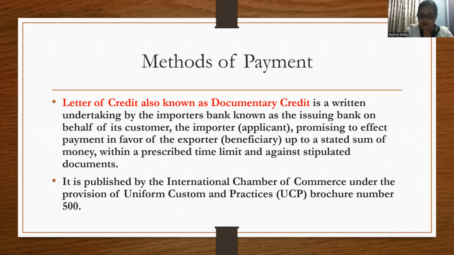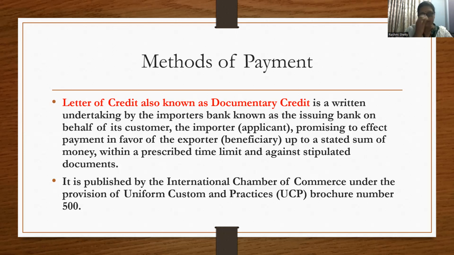Now, there is one method which is popularly followed by almost all importers and exporters, called letter of credit or documentary credit. What is this exactly? Whenever bills are exchanged, there come complications. Exporter and importer wait for a guarantor.